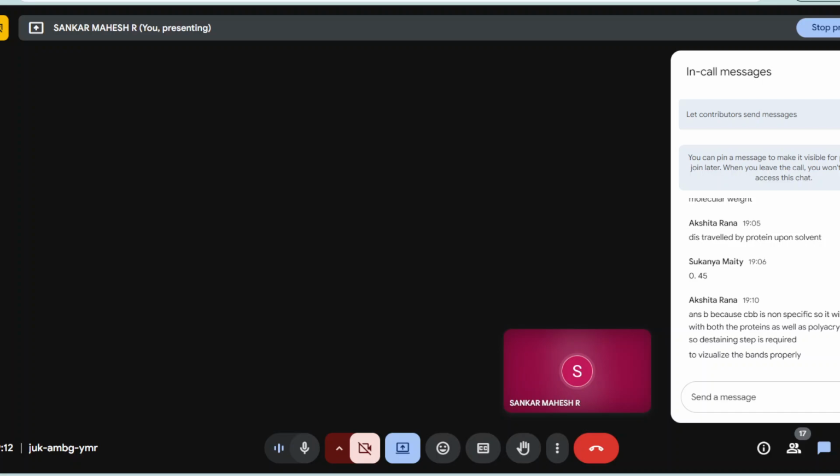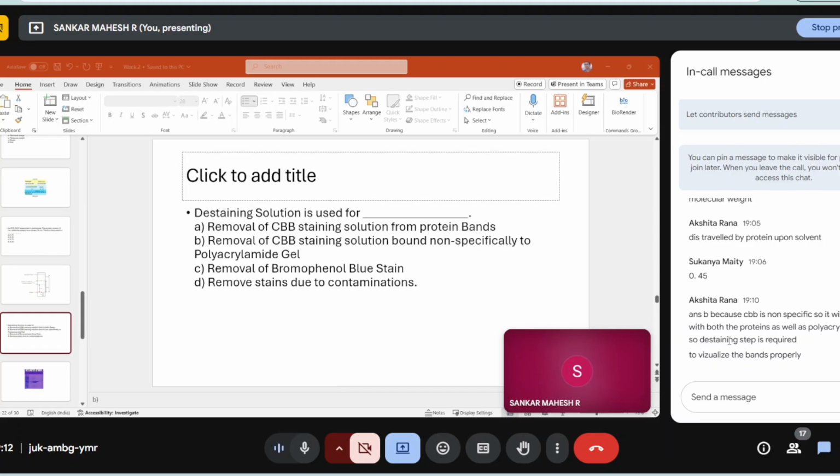If you see here, this is only the gel, and what was transparent earlier is blue now. But we don't want this. We don't want the entire gel to look this way. We only want the proteins to take up the stain. So we remove the non-specifically bound Coomassie brilliant blue by adding the de-staining solution. So option B is the right answer, and this is what Akshita has mentioned here. Good.